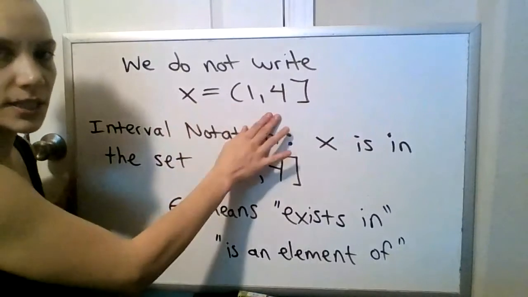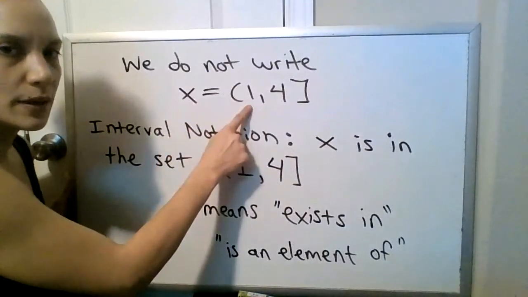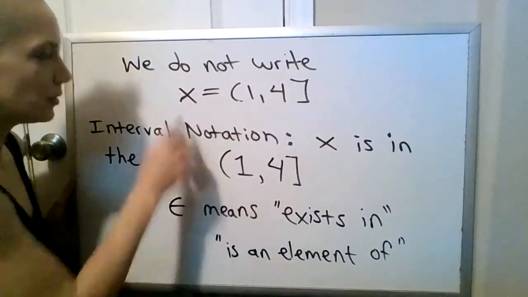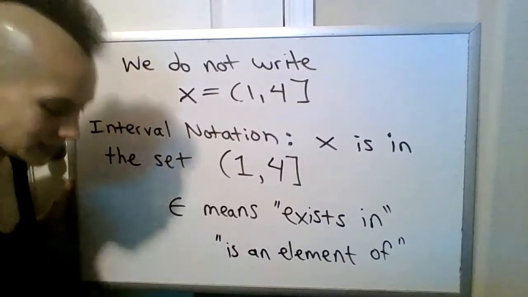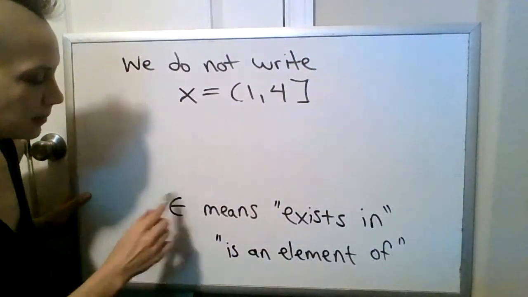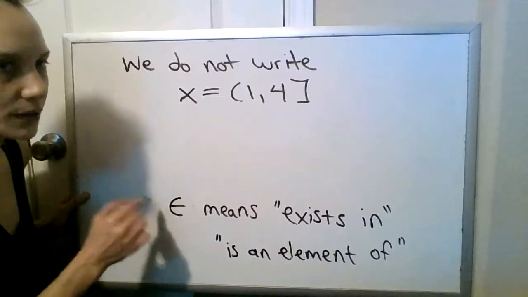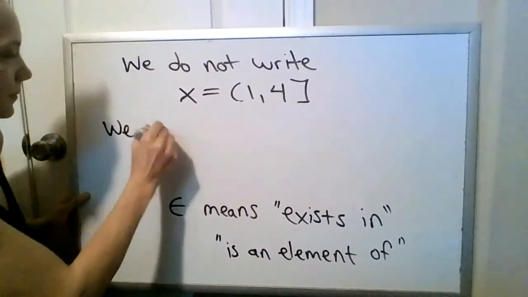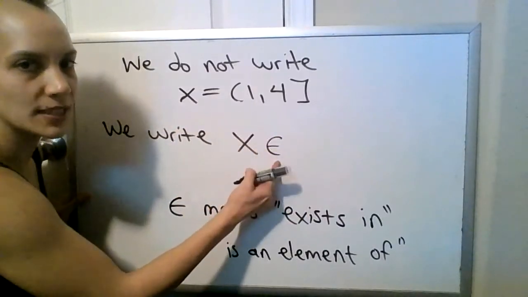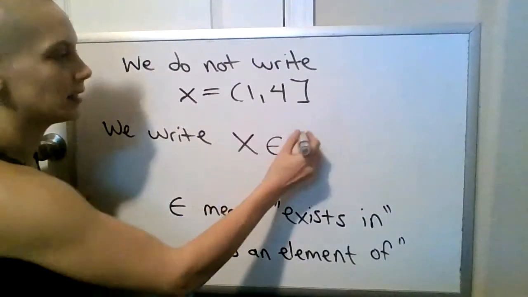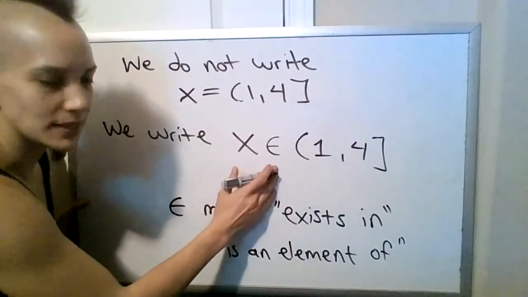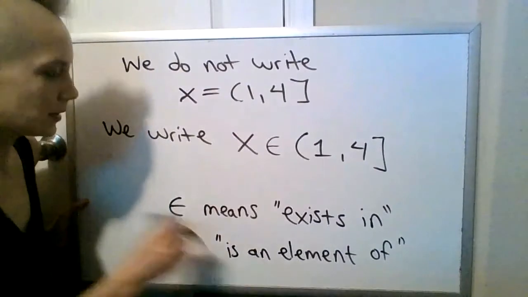They put x equals this, but it kind of says x equals the set. But what we want to say is x is any number in that set. So the symbol, which is difficult to use sometimes, especially with typing, but we can write x exists in or is an element of the set that goes from 1 over to 4. This is a little bit extra, kind of past what I planned to do in class. I just wanted to show you for fun.